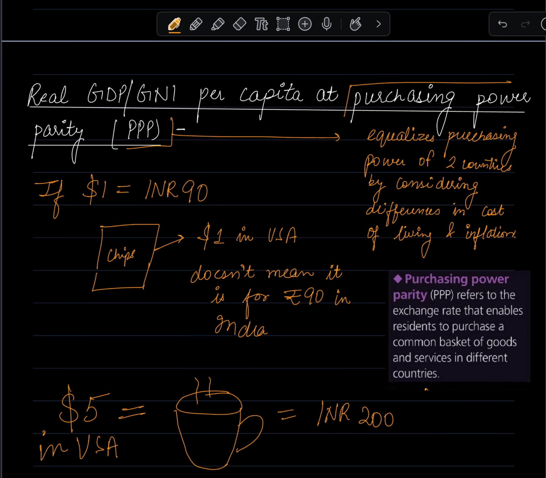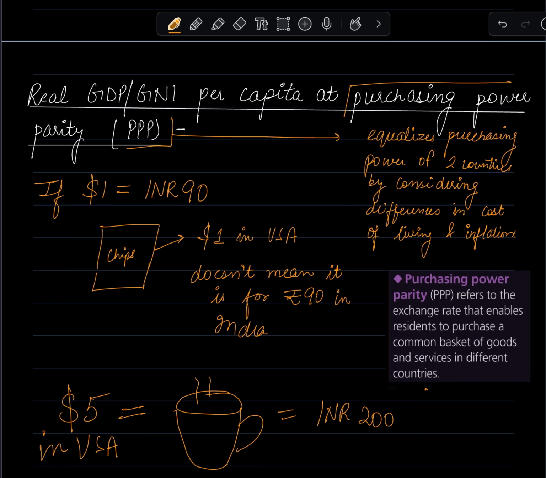Next term is real GDP GNI per capita at purchasing power parity. Now what is purchasing power parity? Purchasing power parity means at what exchange rate can a basket of goods be bought in two different countries? It equalizes the purchasing power of two countries basically and accounts for taking the differences in cost of living and inflation.